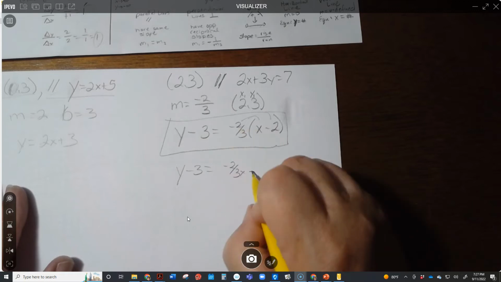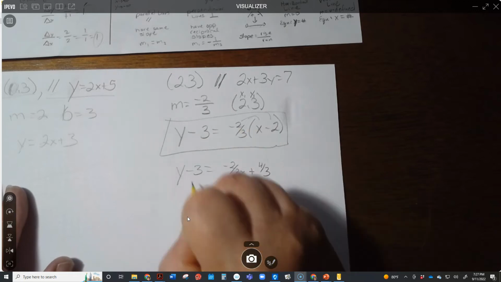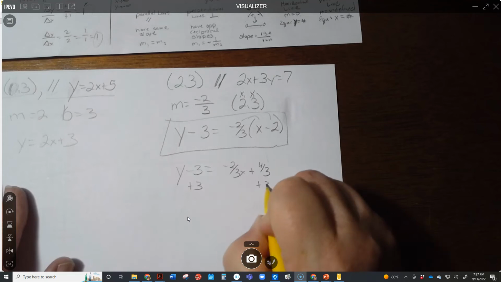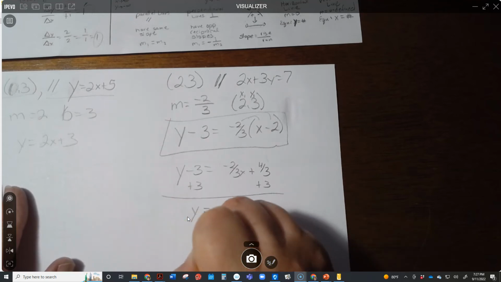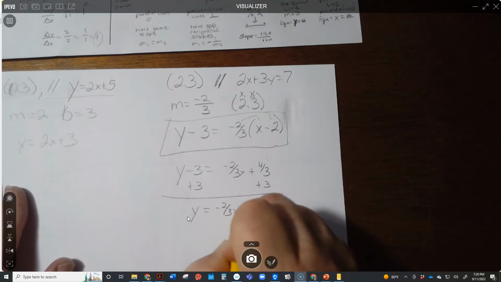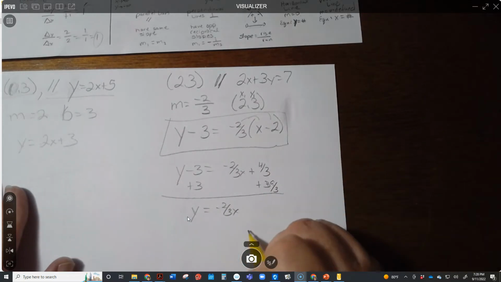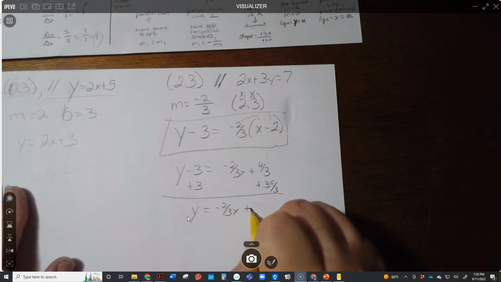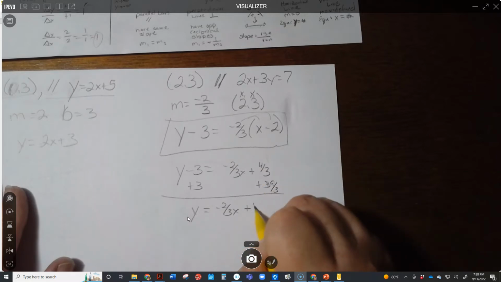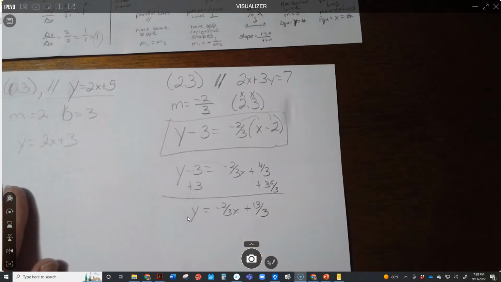Negative times a negative is a positive. And then I'd have to add my 3 to both sides. Negative 2/3 x. That's going to become 9 over 3. So that will be 13/3. So there it is in slope-intercept form.